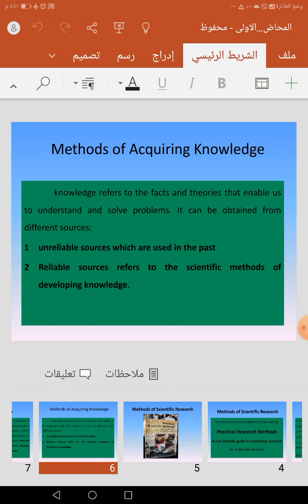Two, we have reliable sources. Reliable sources, on the other hand, refer to the scientific methods of developing knowledge through academic research, any research.